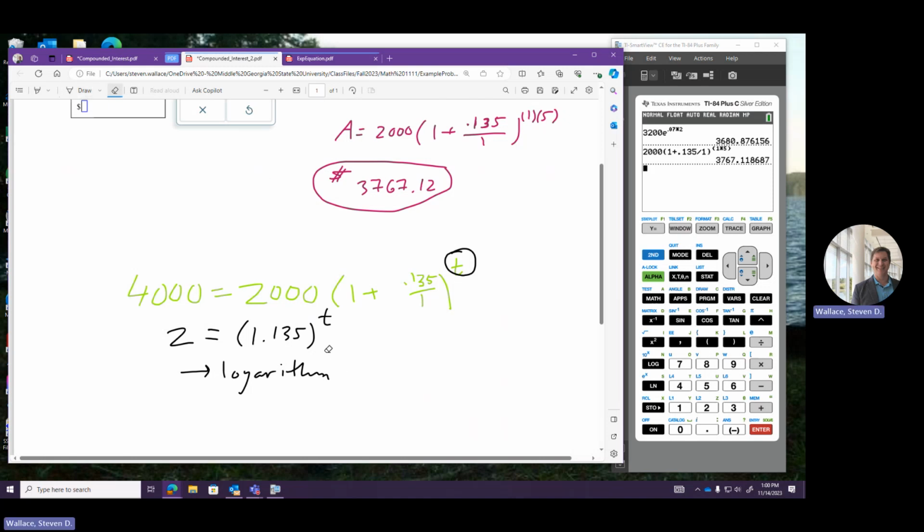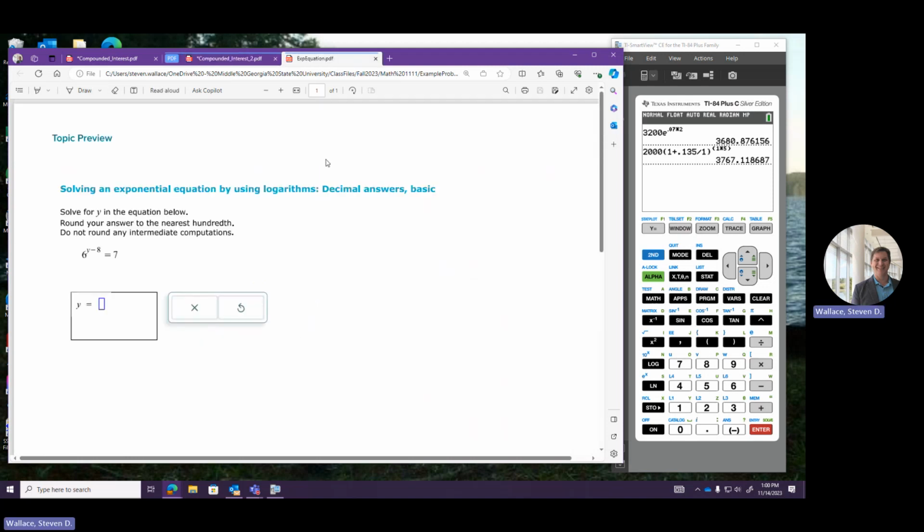What is a logarithm, right? So here's a question where you might have to do that, right? So we need to solve this equation. And to do that, you have to use logarithms to get the exponent by itself.